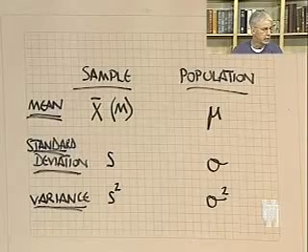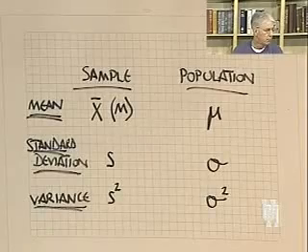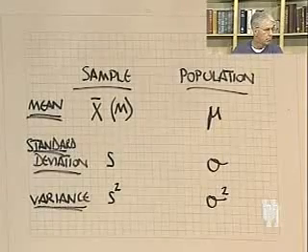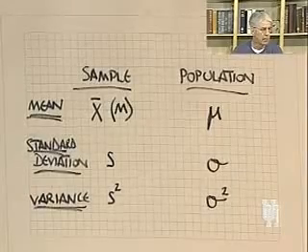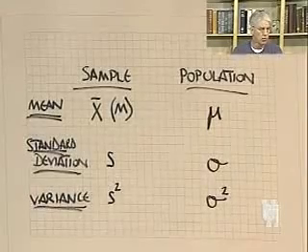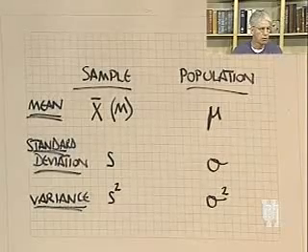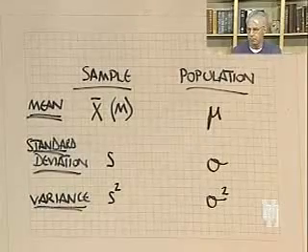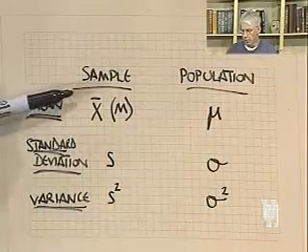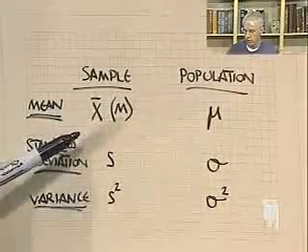All of this is, of course, in the text, but it's important. It will become more important when we look at measures of variability to distinguish between samples and populations. So sample mean is represented by uppercase X with a slash over it, X bar.